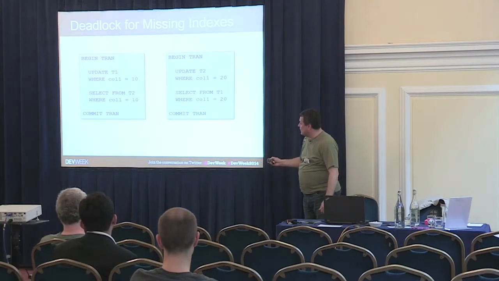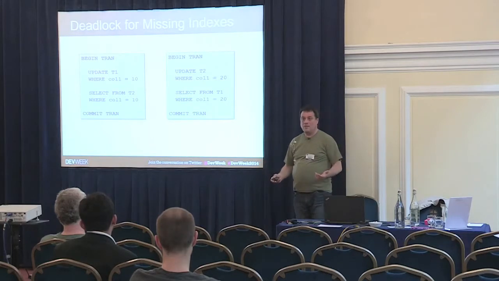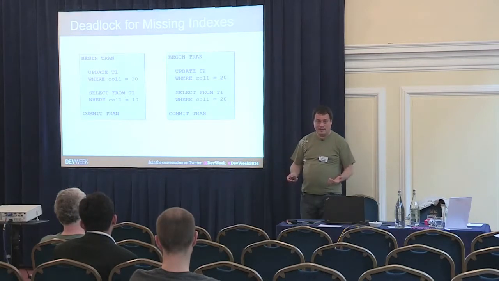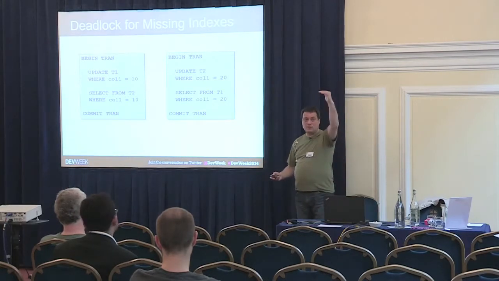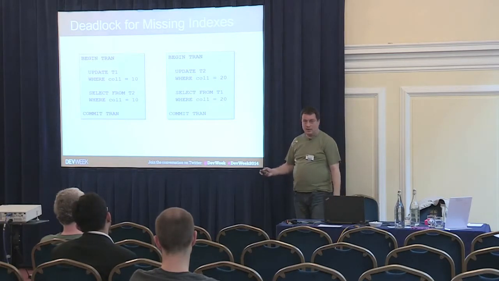Now I'm reading something different from table 2. The row where column 1 equals 20 was updated. However, I'm reading a row where column 1 is equal to 10. But because I don't have predicates supported by an index, I have an exclusive lock in T2 on a higher level, so the select is blocked.